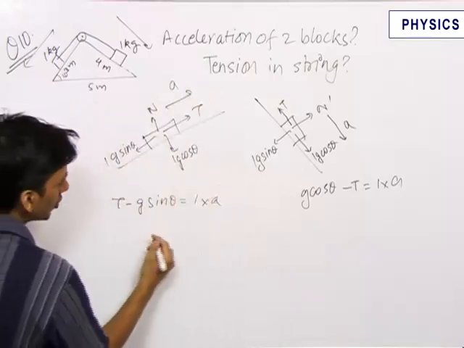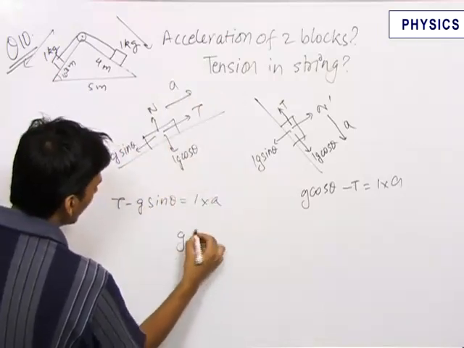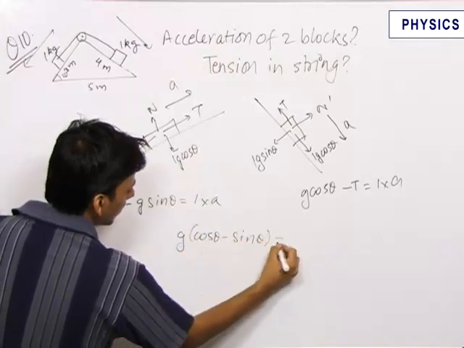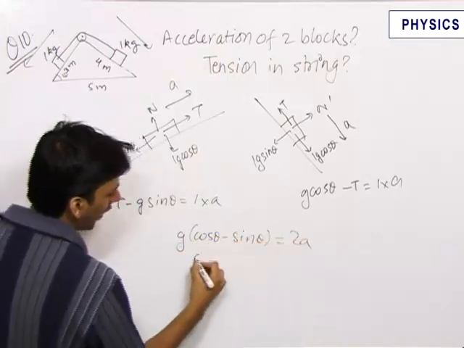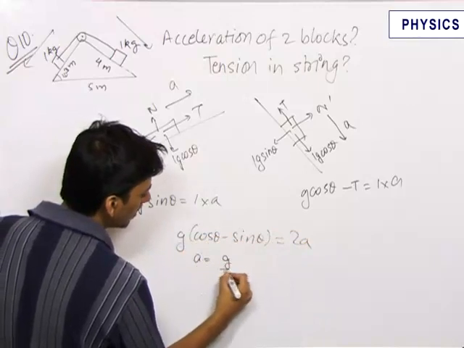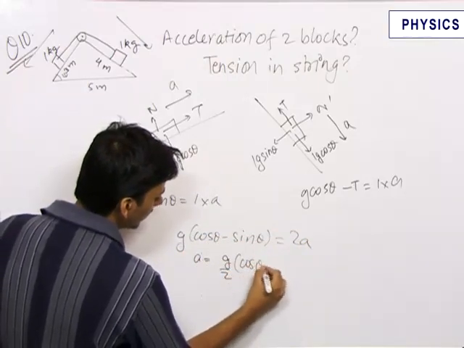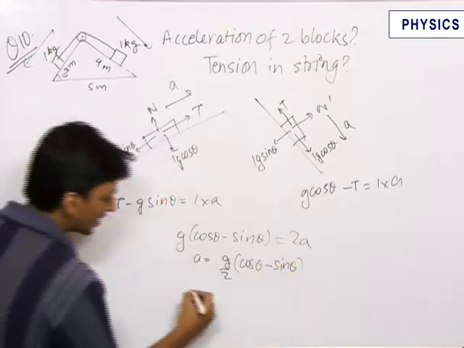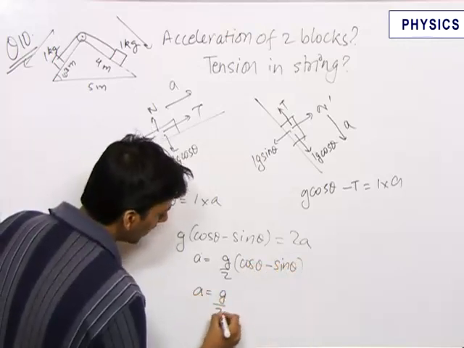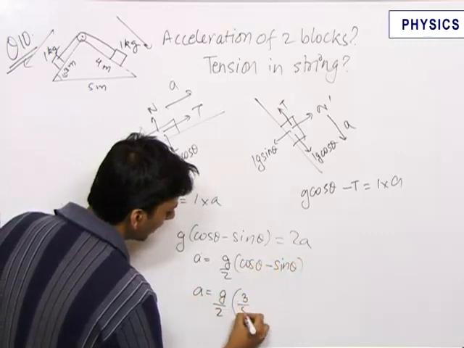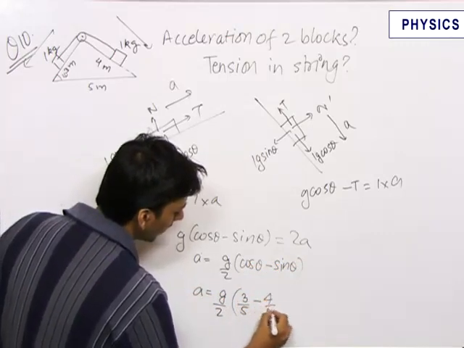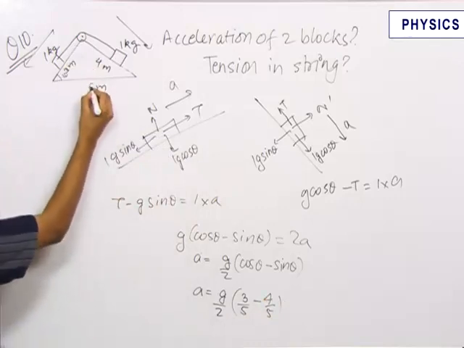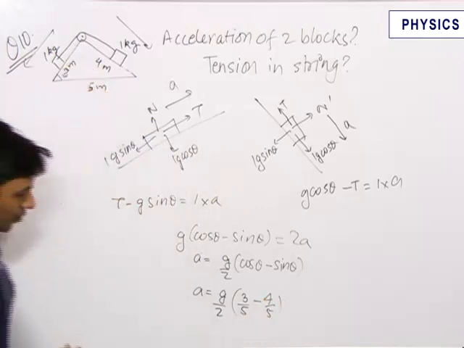When we add these two equations, we get g of cos theta minus sin theta equals 2a. So our acceleration is equal to g by 2 into cos theta minus sin theta. So the acceleration is equal to g by 2 into 3 by 5 minus 4 by 5, because cos theta is equal to 3 upon 5.